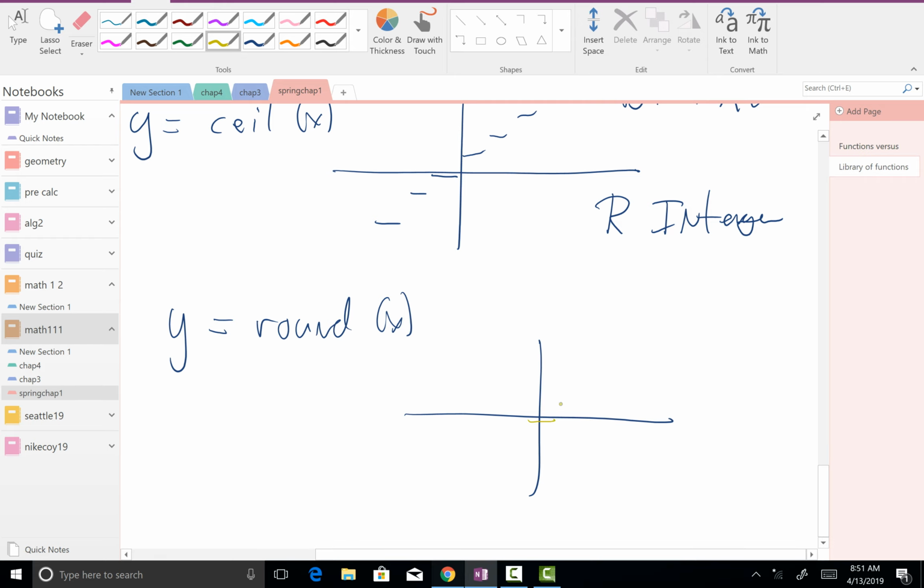So it's more like this, where the 1 is kind of in the halfway point. 2, 3.